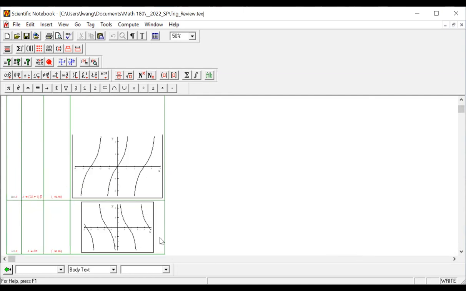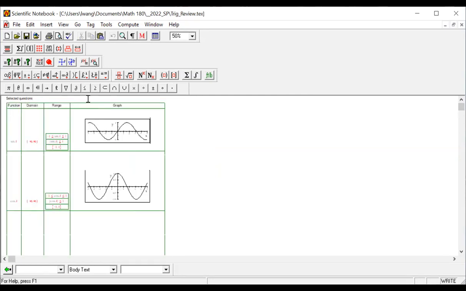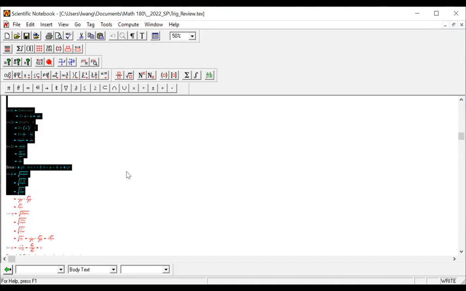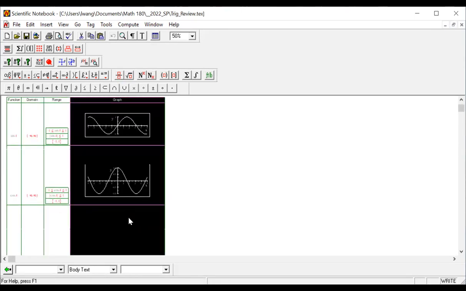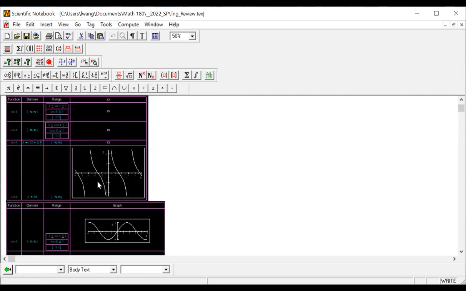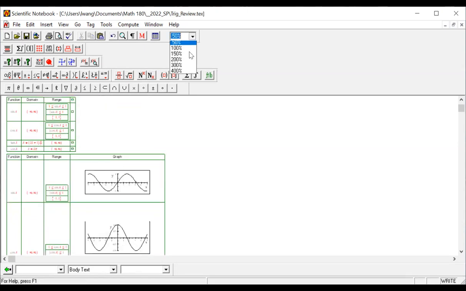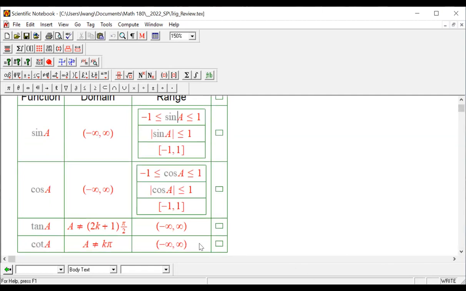I'm going to remove this last column of pictures. You can see those pictures yourselves, we've done them. Okay, I'm just going to remove the last column. All right, this is better.